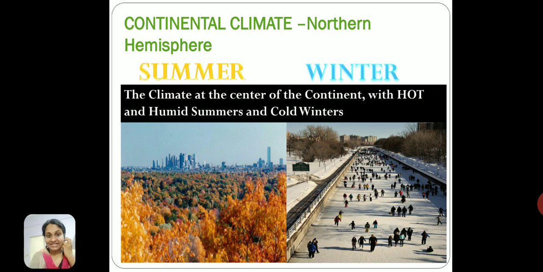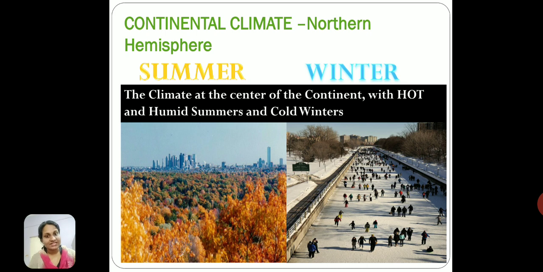So in the continental climate, you will have warm, pleasant summers, and in the winter season you're going to have snowfall in some areas of the continental climate. This is a specific characteristic of the continental climate, which you will find in the northern hemispheres. All right, so of this, what do you have to remember? The climate is usually found in the center of the continent.